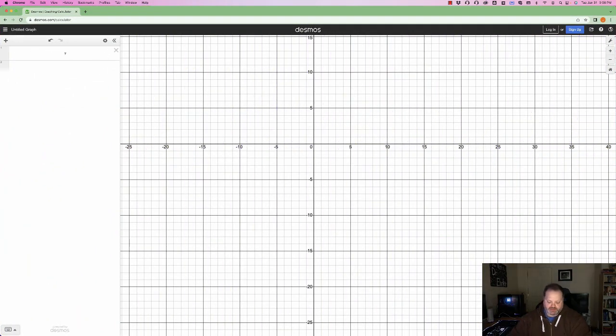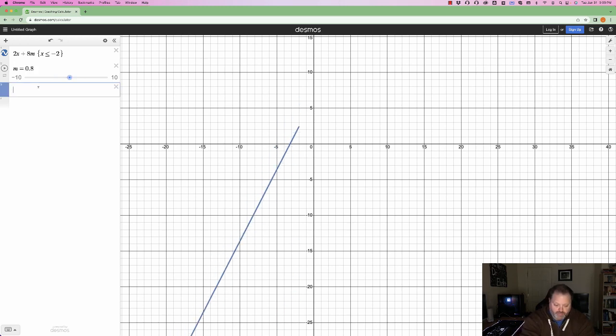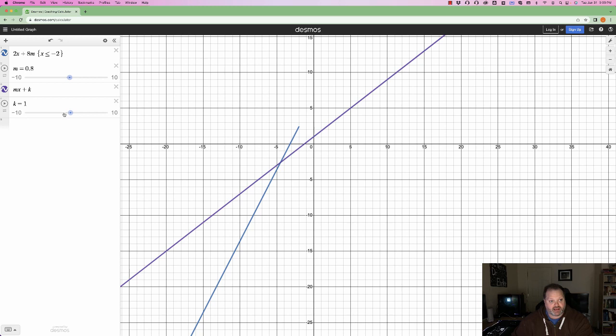So this is a piecewise function. The top piece is 2x plus 8m, and this is for x less than or equal to negative 2. I'm going to add in a slider for m because we're going to want to change the value of m. The middle function is mx plus k. I'm going to add in a slider for k because we're going to change its value.